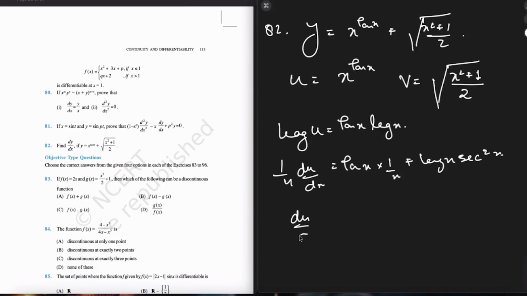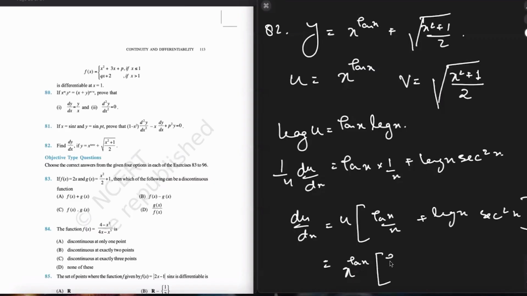So du by dx is equal to u times (tan x upon x plus log x sec square x), and u will be x raised to the power of tan x, so (tan x upon x plus log of x sec square x). This will be your du by dx.